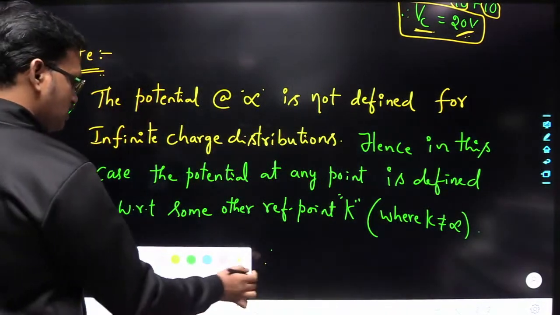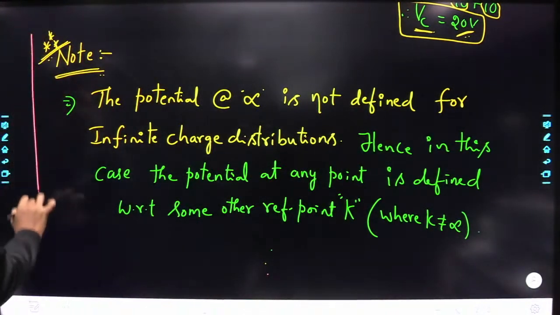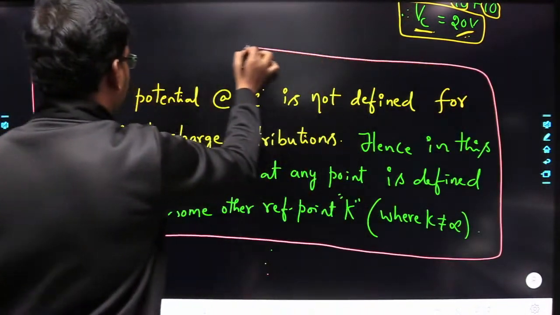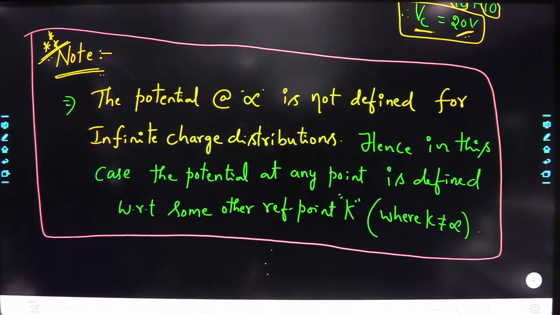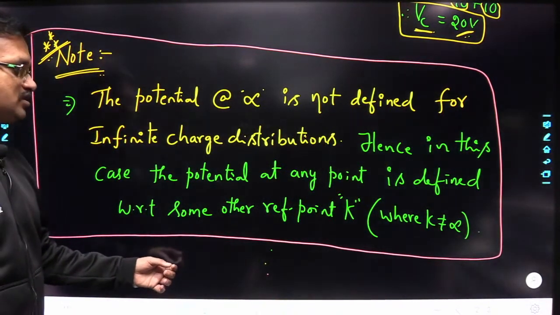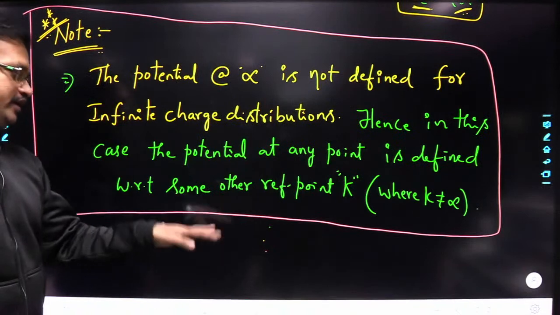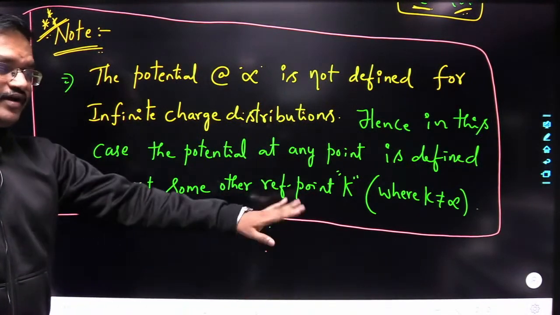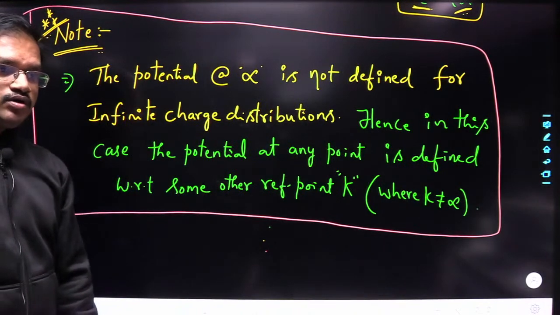Understood? This point is very important here. The potential at infinity is not defined for infinite charge distributions. So in this case the potential at any point is defined with respect to some other reference point k, where k is not equal to infinity.